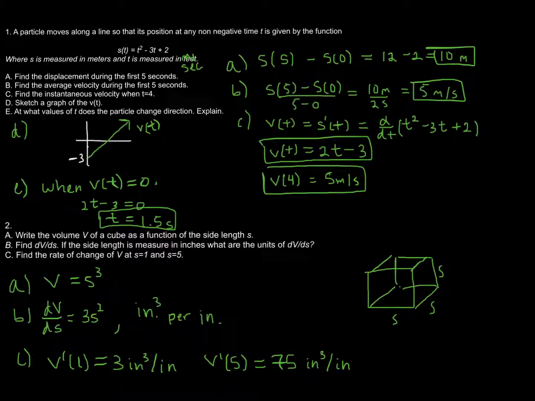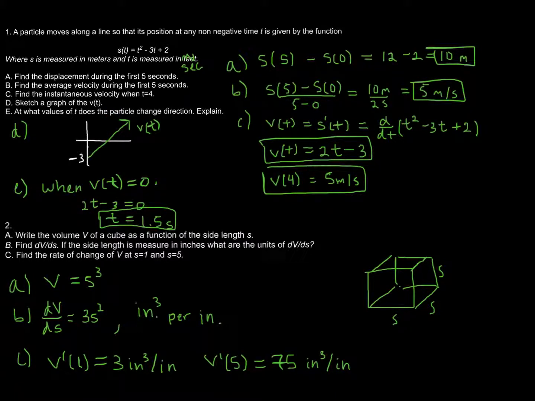And so the question you need to answer for yourself is, when will the velocity be equal to 0? You set the velocity equal to 0 and solve for t, and you get that the t value will be 1.5 seconds in. And you can see that makes sense. At 1.5 seconds, your velocity is changing from a negative velocity to a positive velocity, and so it'll be changing direction.